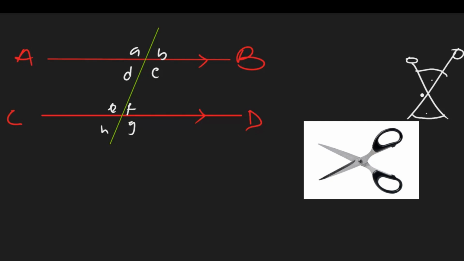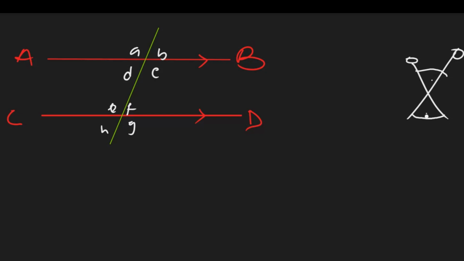They are vertically opposite, and because of that, they are equal. So this angle here is the same as the angle intercepted here. The same thing applies to this. The angle here is the same as this angle. So we say they are vertically opposite. An easy way to identify vertically opposite angles is to use the scissors shape.